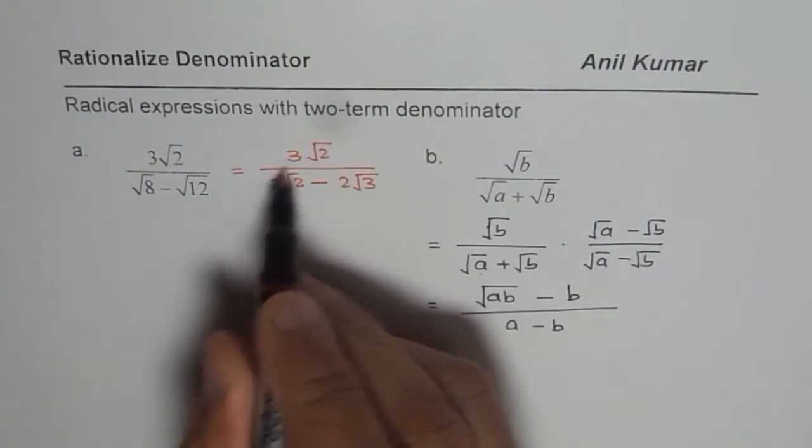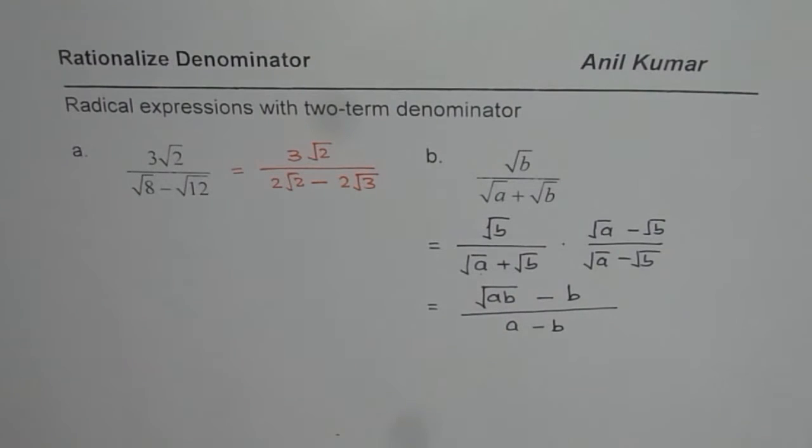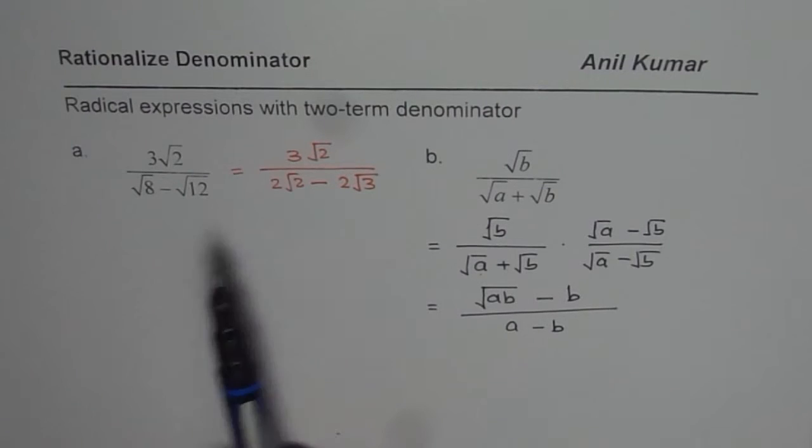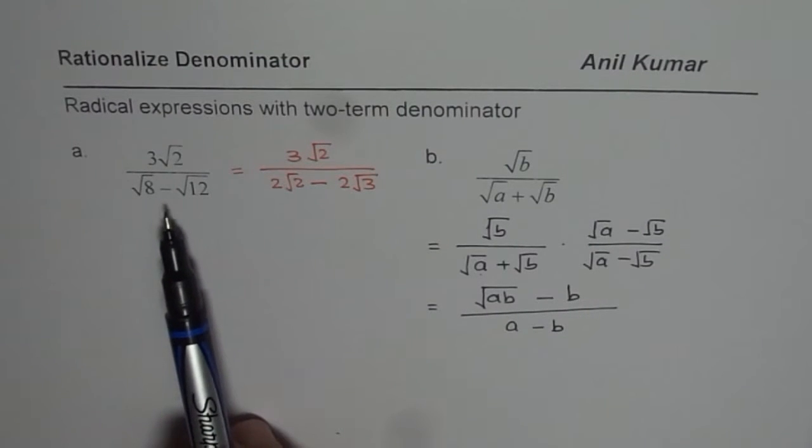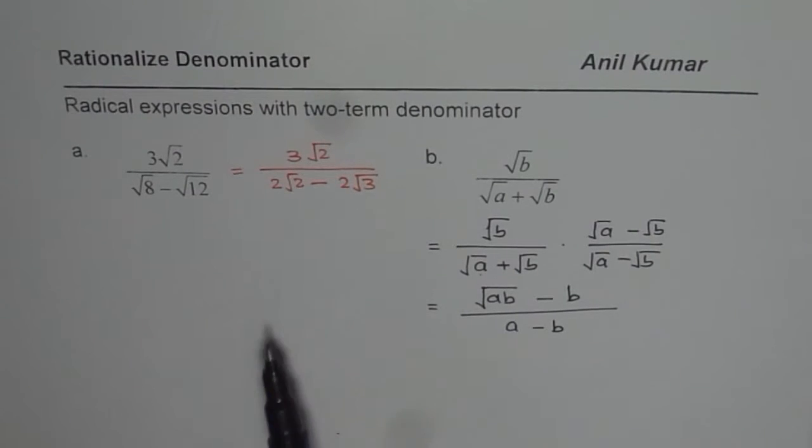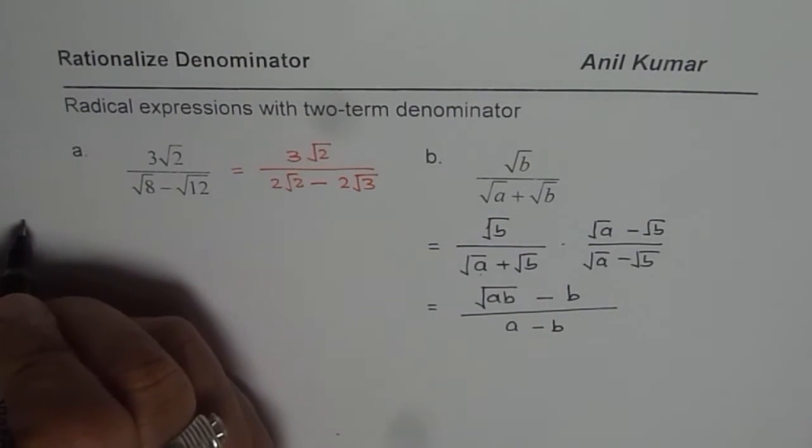So I could write this equation as this also, correct? Now the idea of showing this is, I will do the first equation, and as an exercise you rationalize the second equation and compare the results. Do you get the same result or not? That's the exercise.